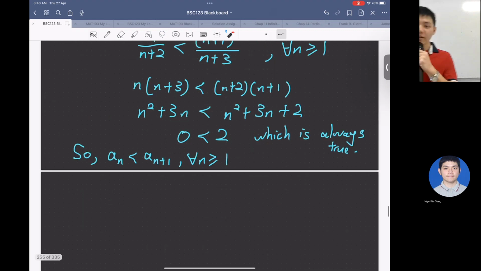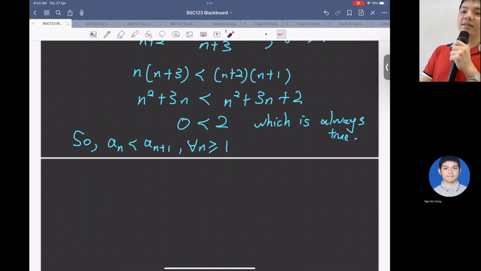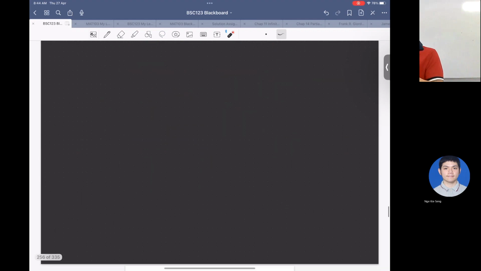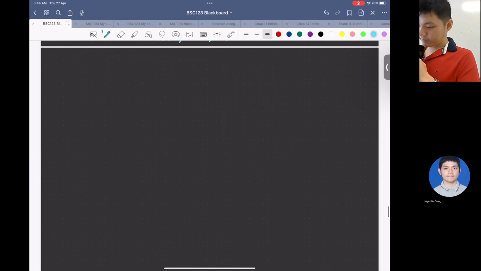So the next question is: is this sequence bounded? Bounded means what? Let's recall the definition.